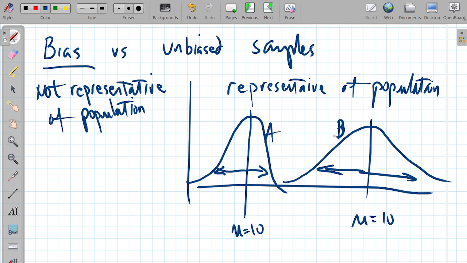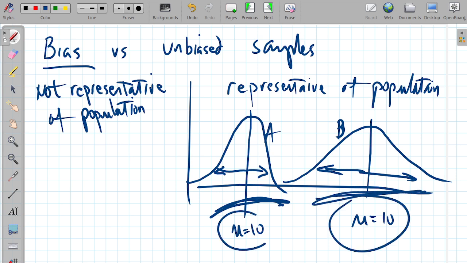Probably not. Let's say that this is the true population distribution. This is the distribution of the sample. Well, one of the properties says that the centers are going to be the same, but how does a sample get to have this much wider distribution here? That doesn't make sense. It means that something's not right.